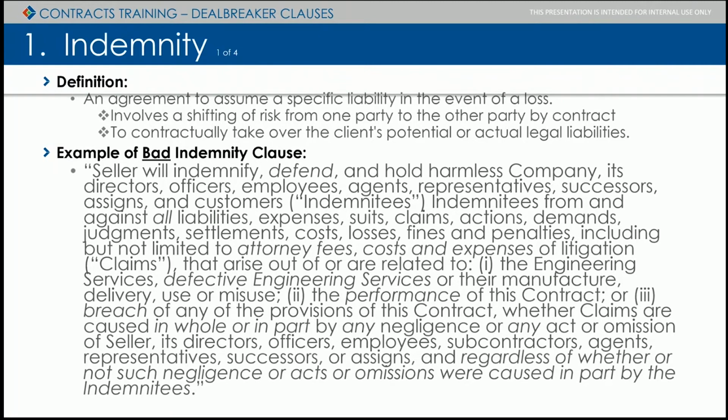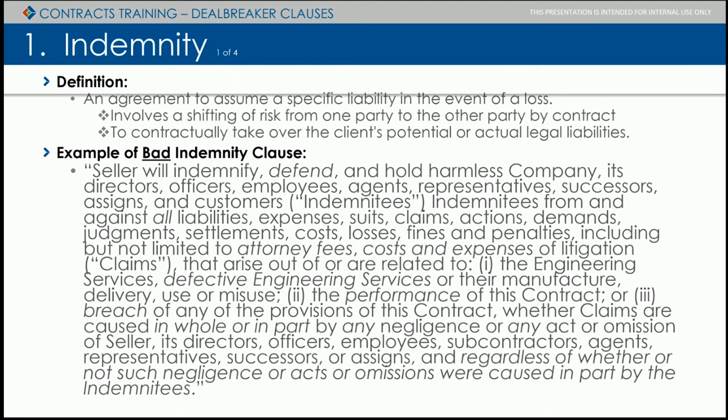Your people didn't cause it, my people caused it, but you're getting sued because of the issue, so we'll step into your shoes and indemnify you. In a nutshell, that's what it means. It's a contractual mechanism to take over a client's potential or actual legal liabilities. You'll see it in every single contract you come across.